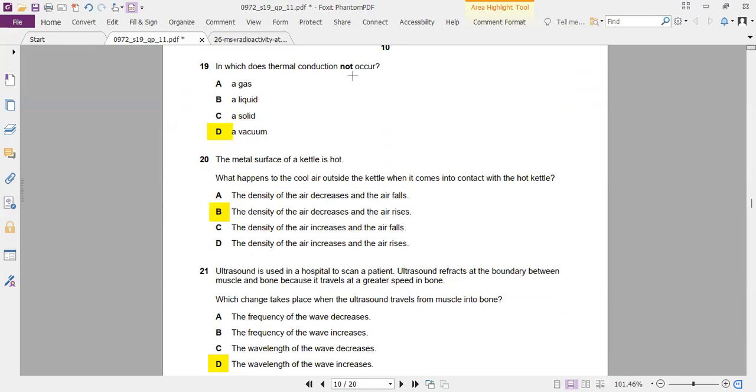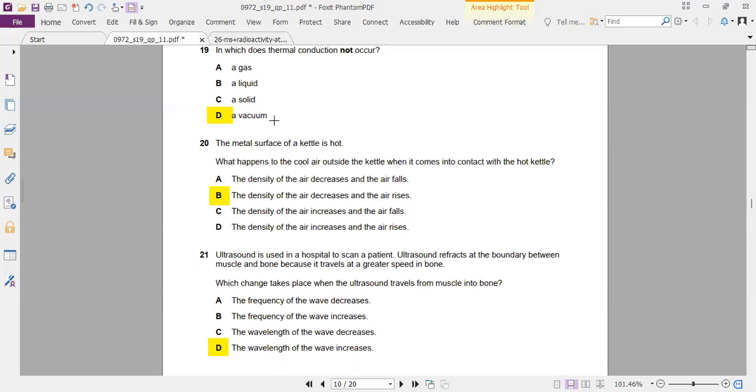Thermal conduction does not occur in vacuum. It does occur in all three states, but it is mainly responsible for the transfer of heat in solids. In liquids, it happens only to the molecules and then to the water, and after that, convection starts taking place. And gas is also the same thing. It happens to the particles it gets in touch with, and then the convection takes place.